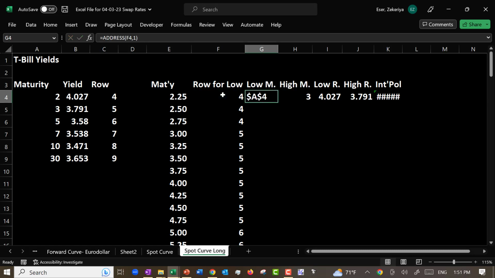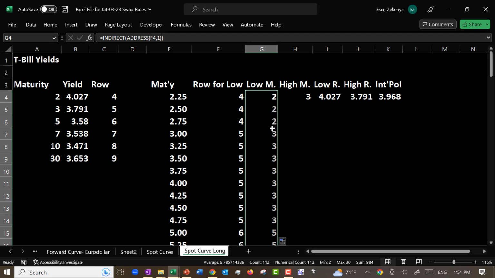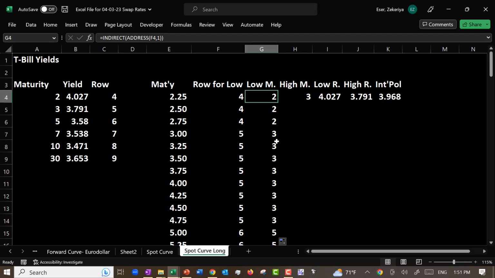The address function would give me that. But if you want the value in that address, that's a function called indirect. Basically, I get these.